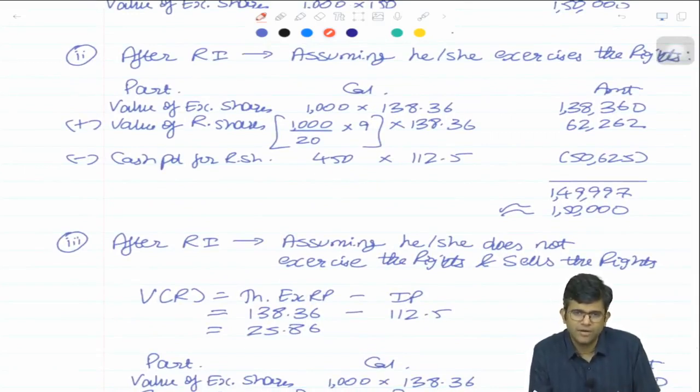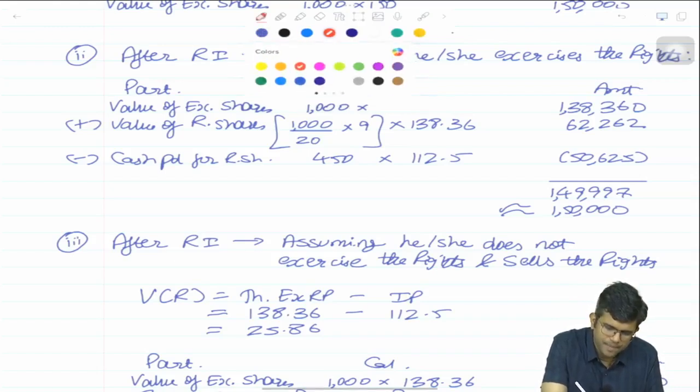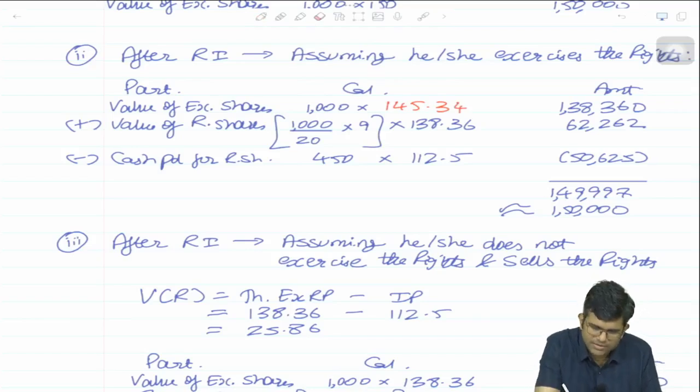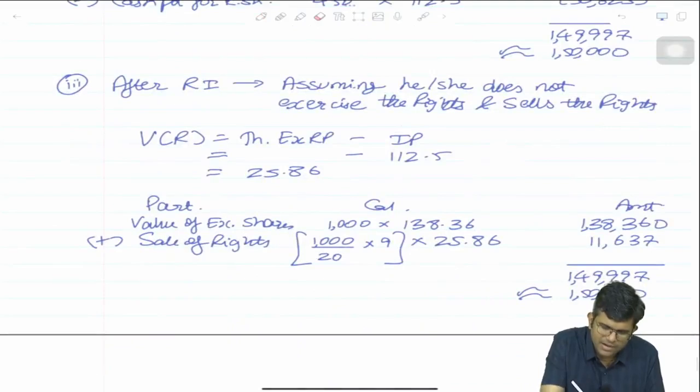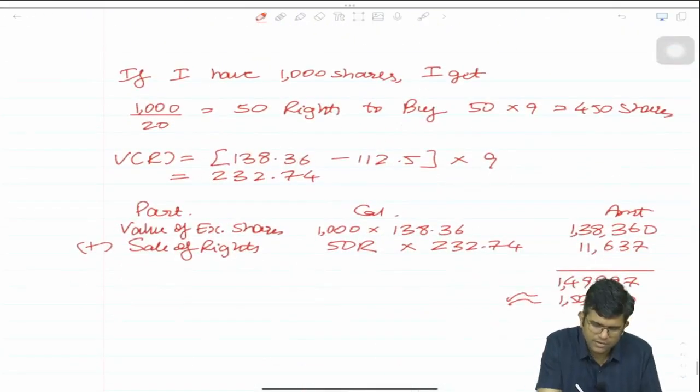So here I'll write 145.34. Where else can you see 138.36? Here, I'll write 145.34. Where else? Here, I'll write 145.34. Where else are you seeing? Here as well, I'll write 145.34. Where else are you seeing? Here you are seeing.